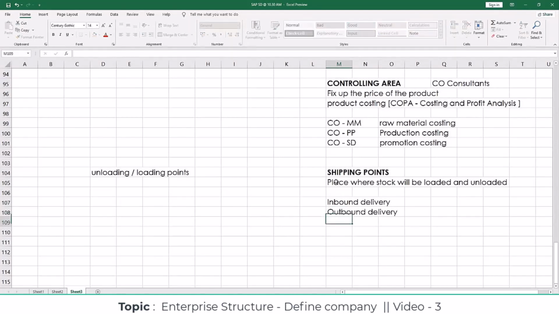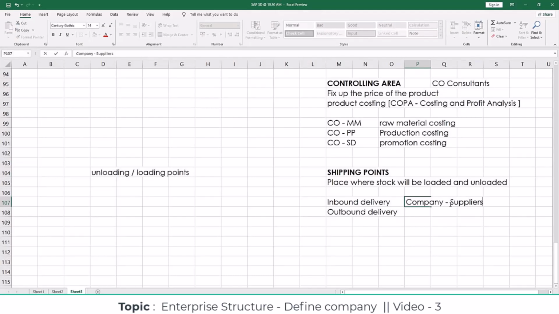Inbound means stock coming in. Outbound means stock going out. So inbound delivery is when a transaction is done between the company and the suppliers. If the company requires any stock, they need to place an order with the supplier, and the supplier is the one who will be issuing the material.